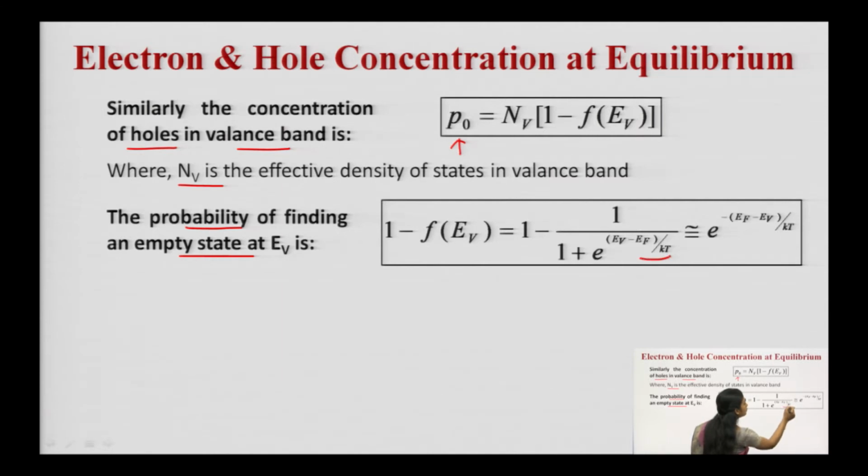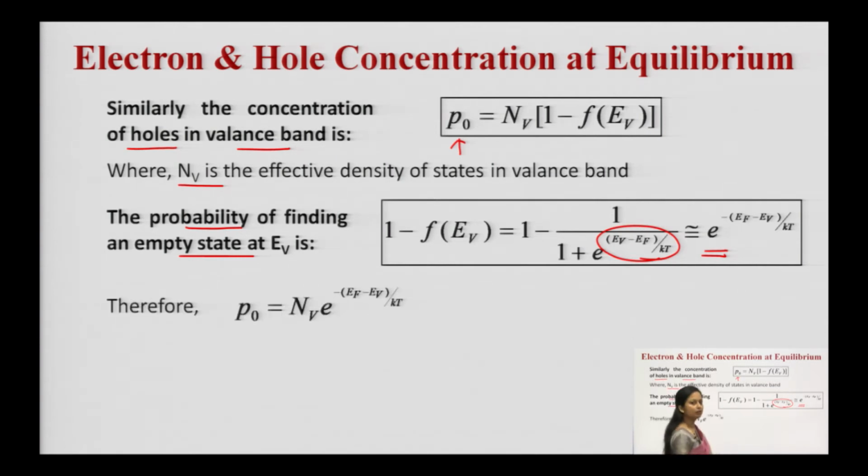And here also the difference between EF and EV is a huge difference. So, this particular term can be written as e raised to the power minus EF, because you have taken this term in the numerator, here it is in the denominator. So, this term will be e raised to the power minus (EF minus EV) upon KT. So, this is how you can write it in this particular form.